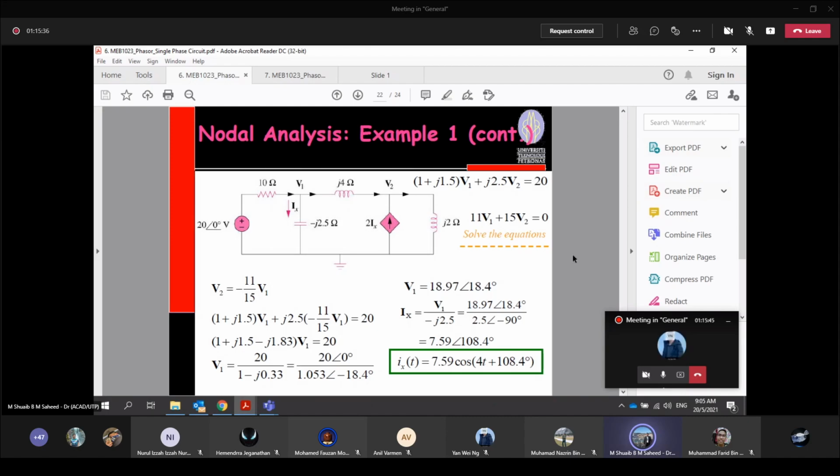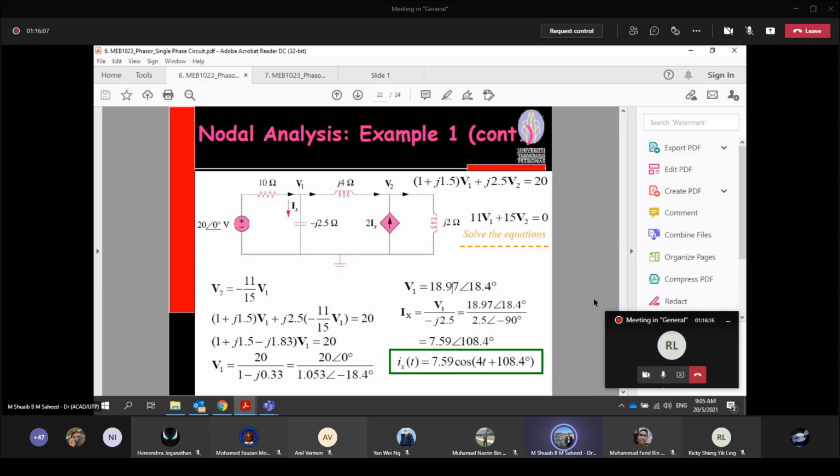What will be the phase difference? 90. Yes. 90 degree, or you can be a bit more technical, negative 90 degree. So 18.4 minus 108.4 will give you a value of negative 90 degree.